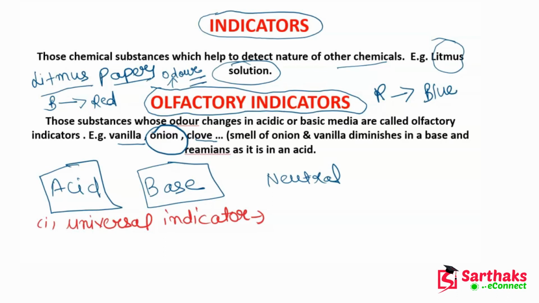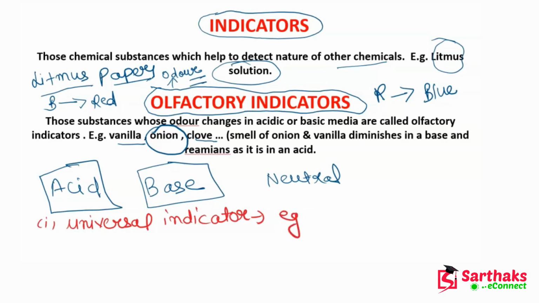It means it will also tell us how acidic an acid is and how basic a base is. So basically these indicators tell us the strength as well as the nature.